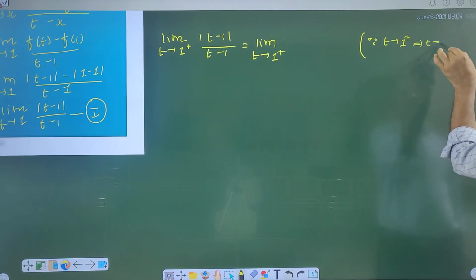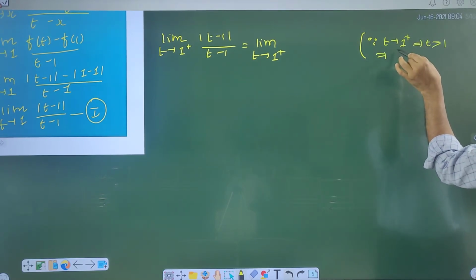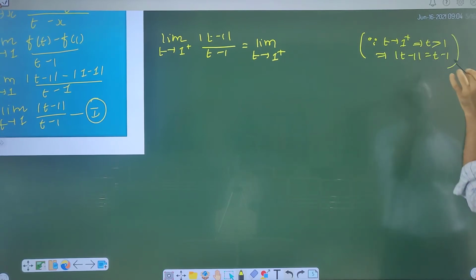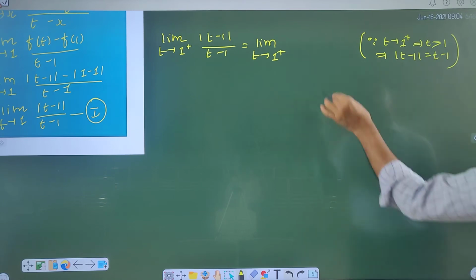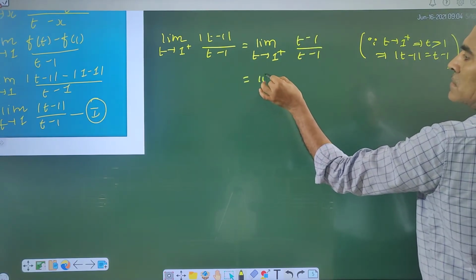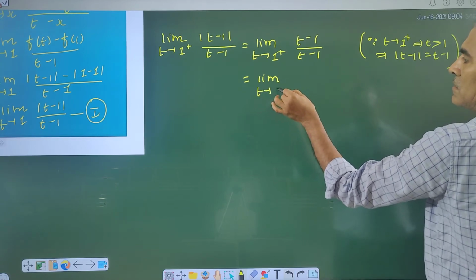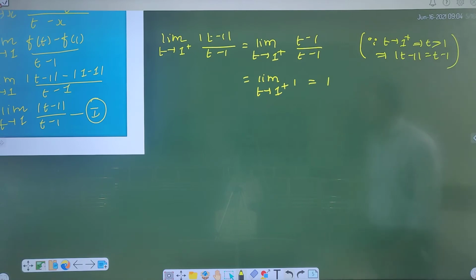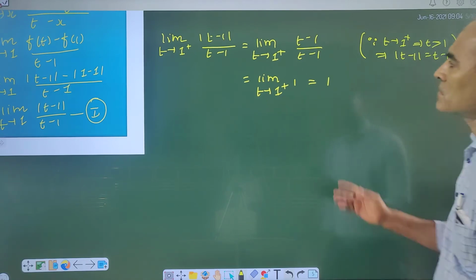It implies t greater than 1. So t minus 1 greater than 0. So magnitude of t minus 1 is equal to t minus 1. So here it is t minus 1 over t minus 1. And that is equal to limit t tends to 1 plus of 1. Constant term, limit of a constant is constant.